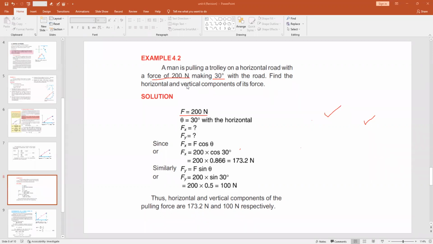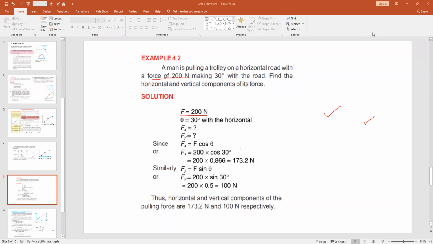Find the horizontal and vertical components of this force. The horizontal and vertical components are basically Fx and Fy.